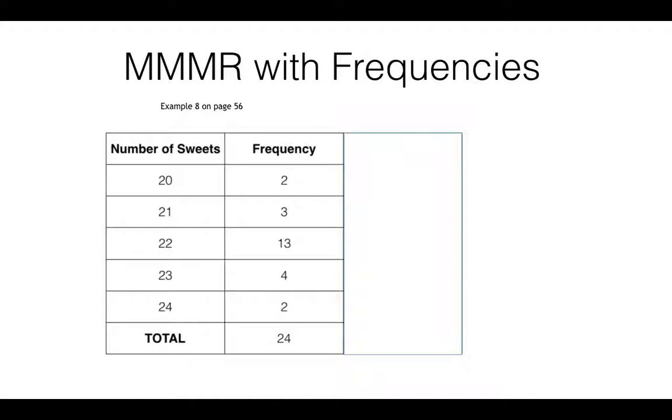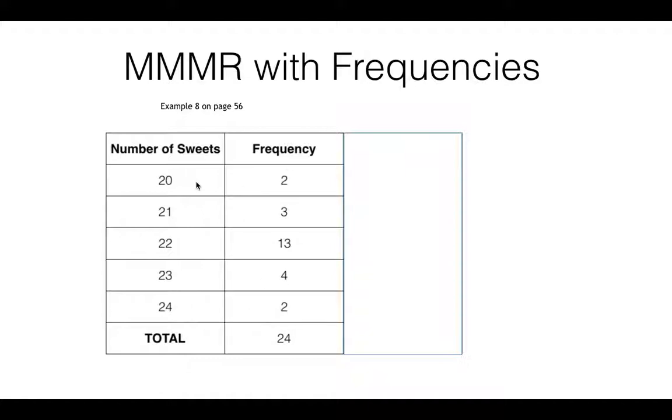What about the mean then? Again, the mean gets a little bit more difficult because for the mean we want to add together every bag that we have and divide by the total number of bags. But there's a problem with that in that we've put them as a frequency here.